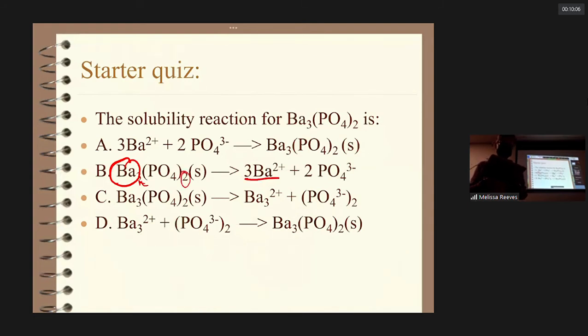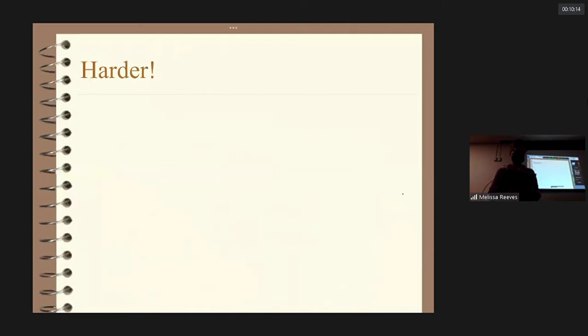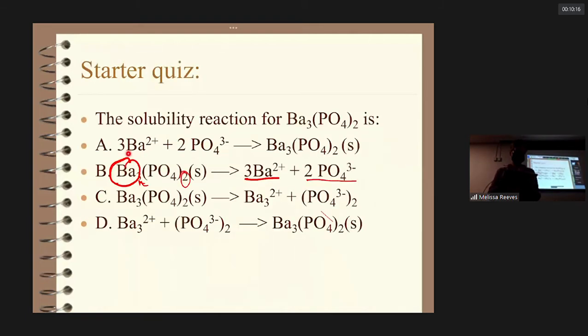And this says there's 2 phosphates, and we got those over there. We have the solid on the reactant side of the equation, and so the majority did pick the right answer.